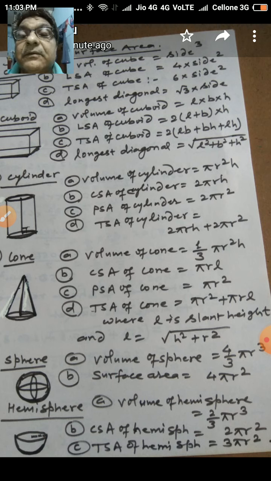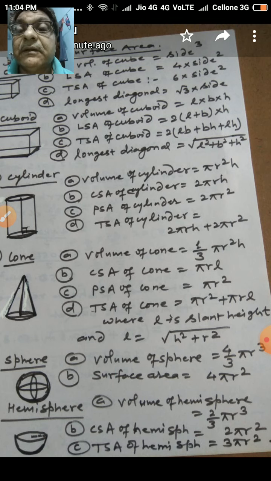For cuboid, the volume is L into B into H, as you have been reading since class 7 or 8. Lateral surface area, leaving top and bottom, is 2 into (L plus B) into H. One important thing: the lateral surface area of a cuboid is actually the area of the 4 walls of a room, because a room is also cuboidal.